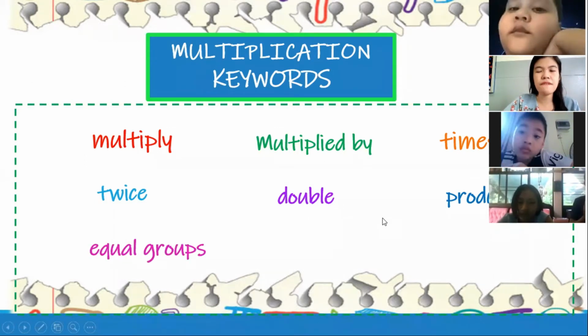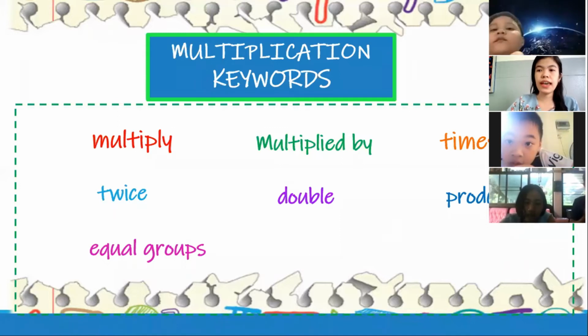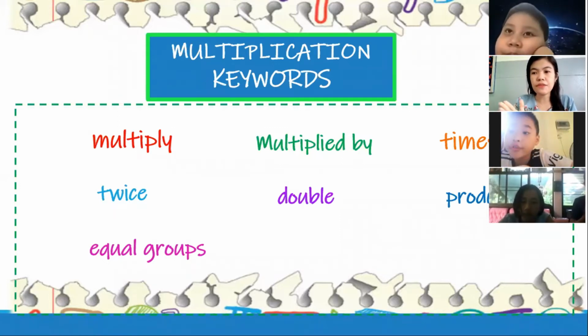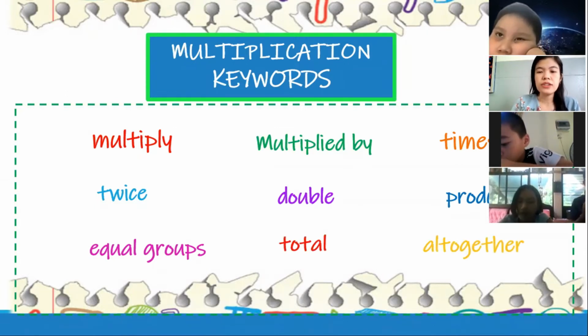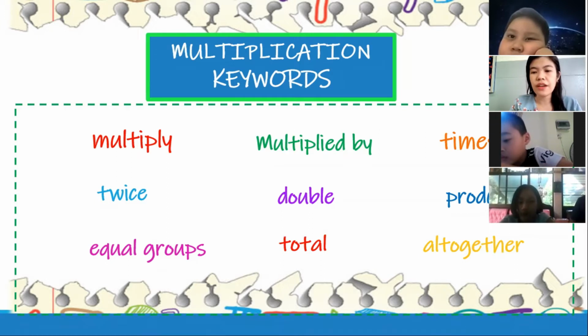Then next word we have equal groups. In multiplication, you are grouping something, so it has to be in equal groups. And then we have the words total and altogether.